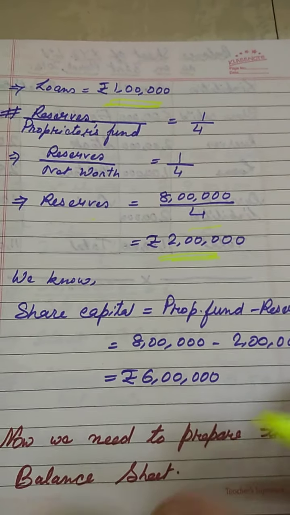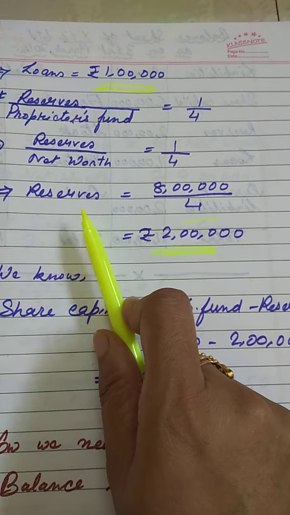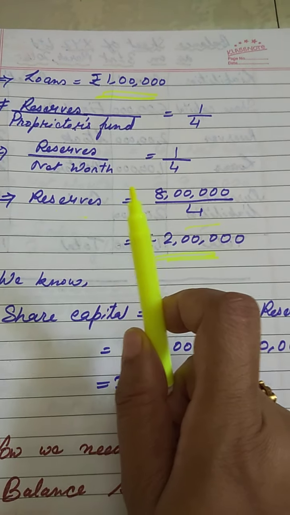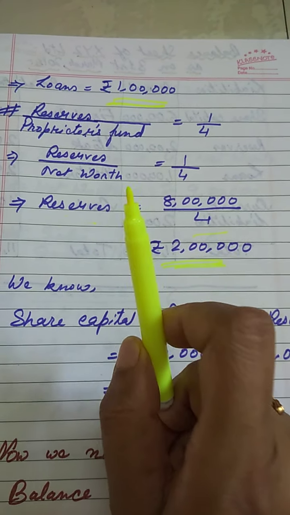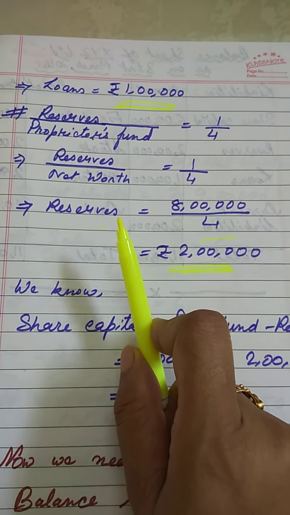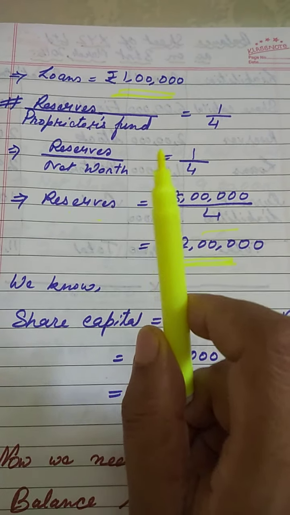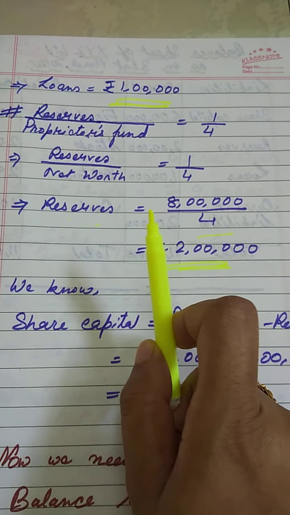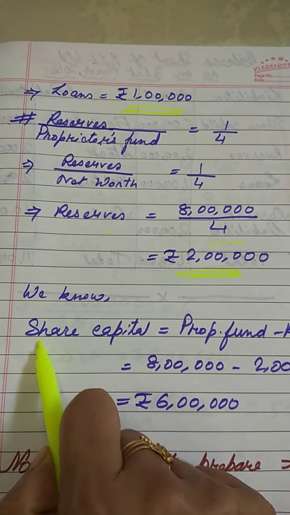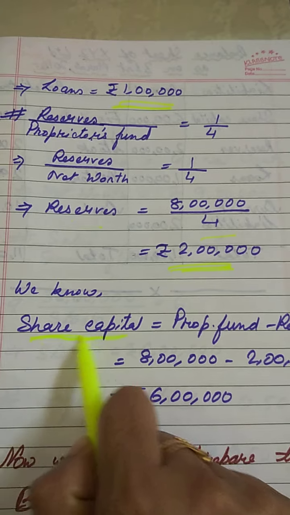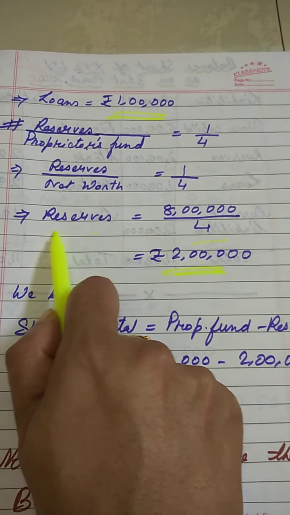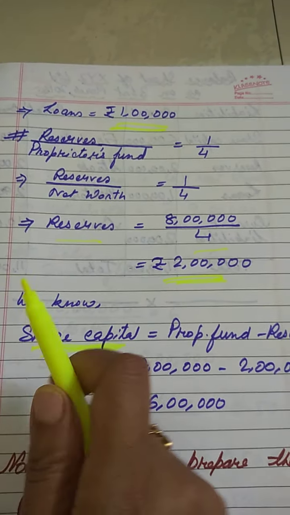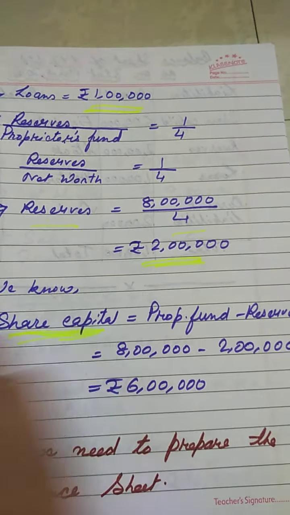Okay. Now see, since reserve is mentioned, that means from the proprietor's fund there is a chance of deriving the share capital amount, because from the proprietor's fund, which is the net worth of the company, if you deduct the reserves, that will give you the value of share capital. So there is a chance of calculating share capital because reserve is given, proprietor's fund also is given in your question.